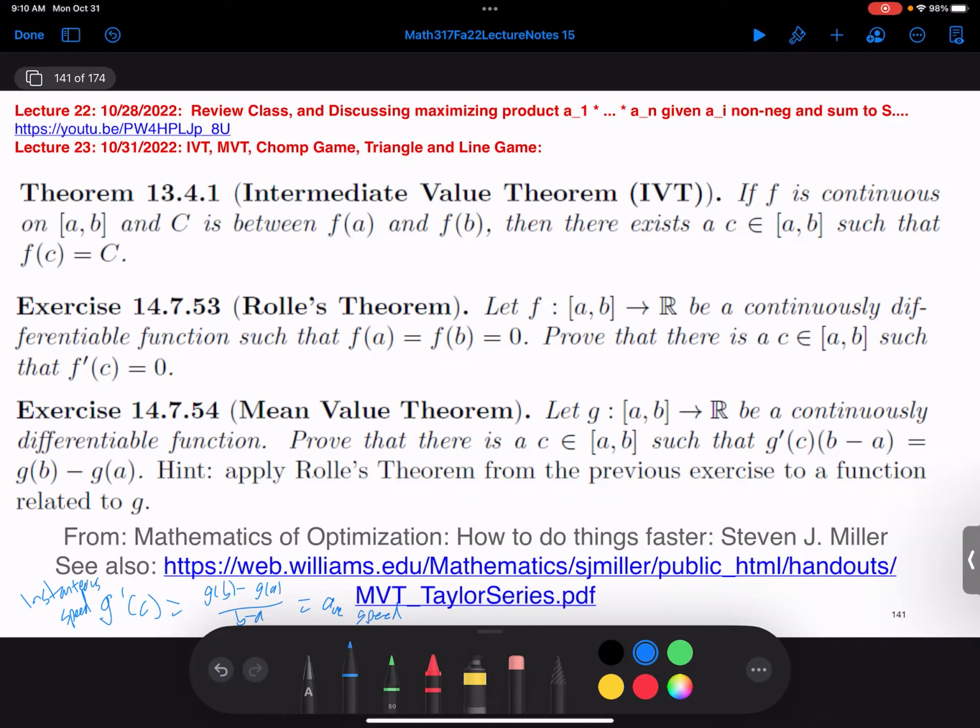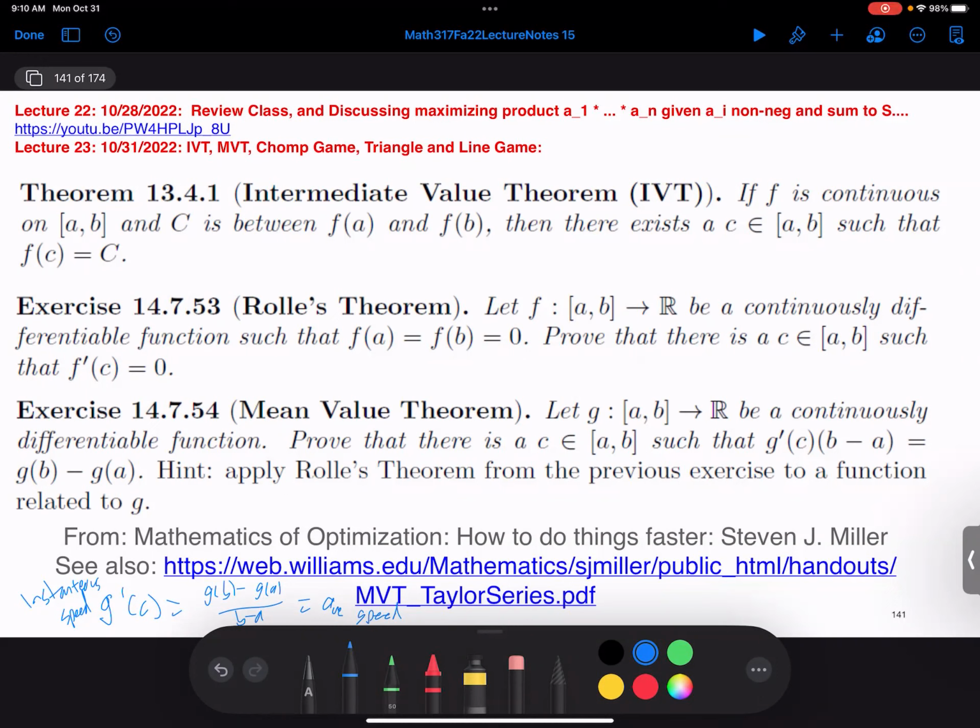If you're traveling faster than the average speed at every moment in time, that can't be your average, because the average is basically the integral of your speed divided by the length of the time interval. So we know that if the average speed is 50 miles per hour, at some point we must be traveling slower than 50 miles per hour. So now we know at some point in time, we must be traveling faster than the average speed. At another point in time, we must be traveling slower than the average speed.